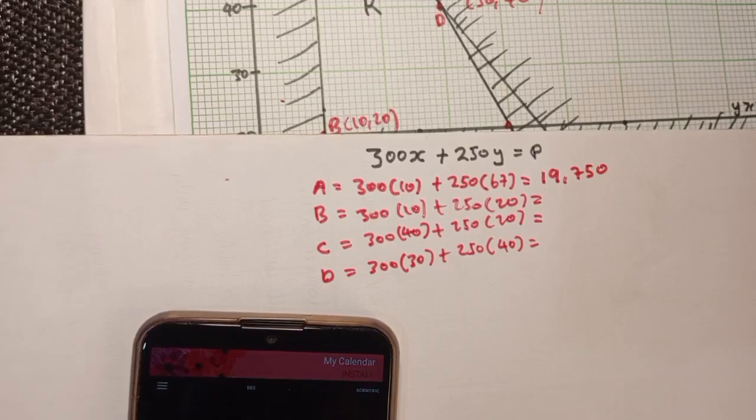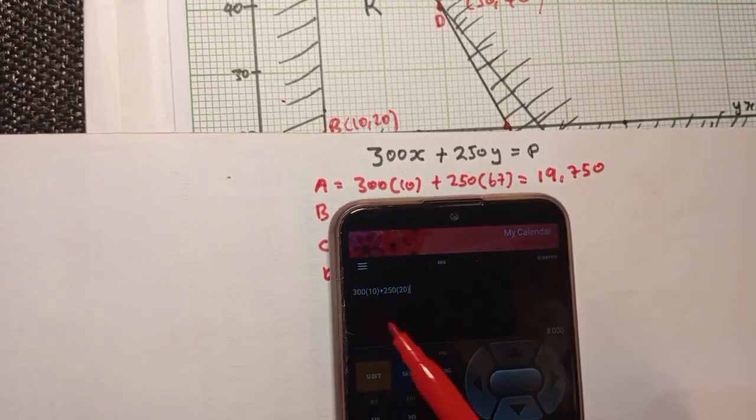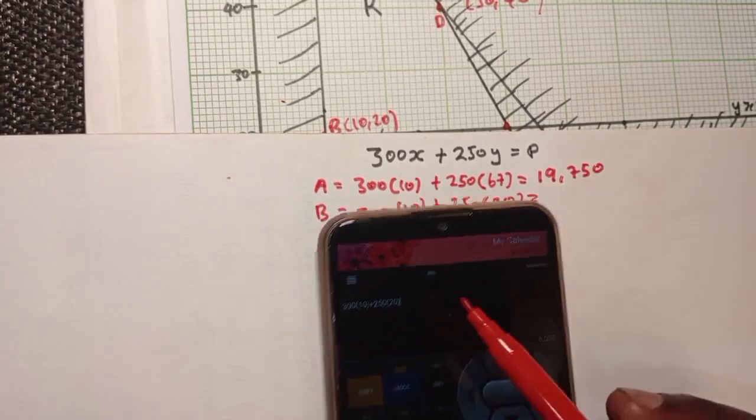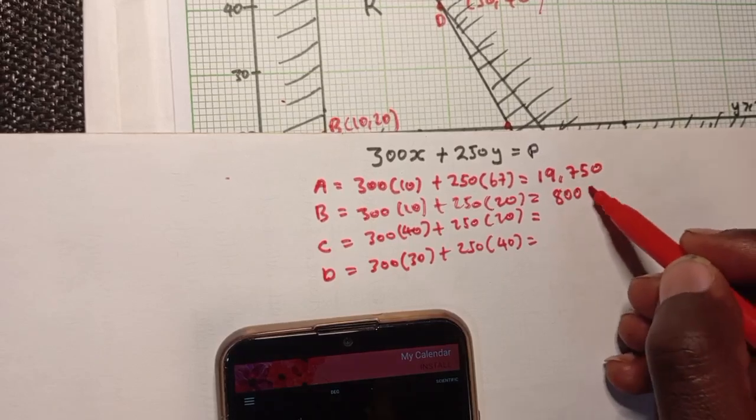Then you go to the next one. The next one is 300, open brackets, 10 plus 250, open brackets, 20. So we're getting 8,000.